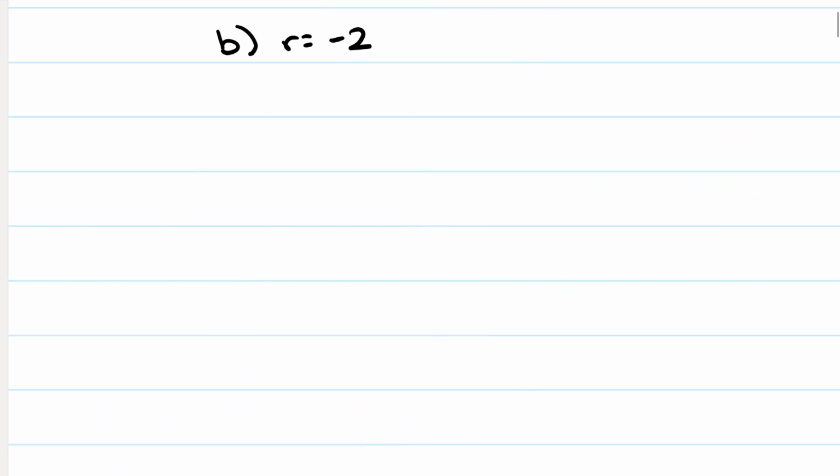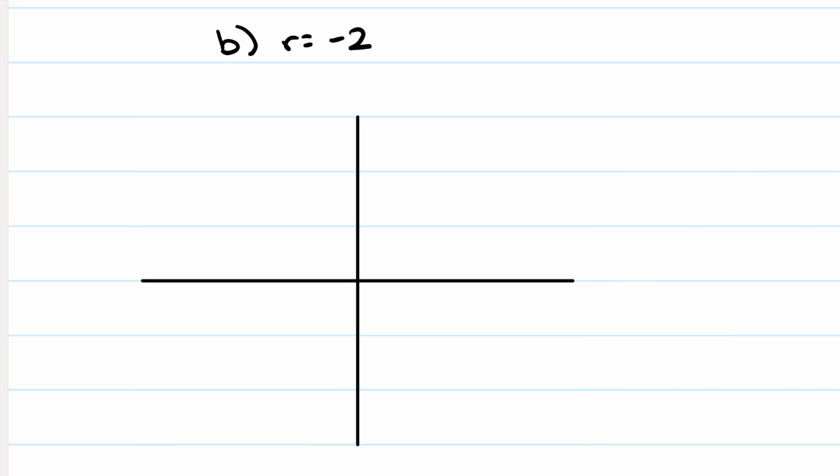All right, the next one I want to go ahead and look at is r equals -2. So the same idea here is we're going to be -2 away from the origin. So if I start at the origin and say I wanted to use theta is pi over 4, but I want to go -2, so I rotate pi over 4 to here, but then I go -2 this way.